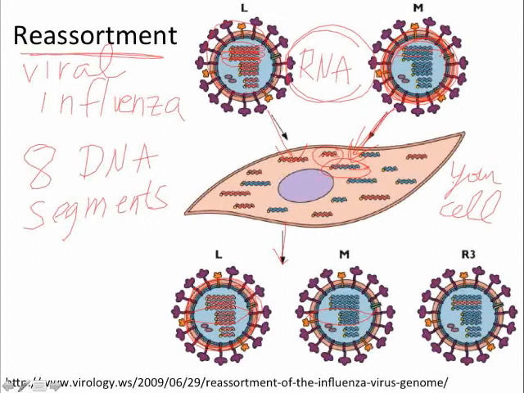So maybe you've got this L virus and you get the L virus out. You might have the M virus, you might get the M virus out, or you might get an intermixing between the two. And so most of the sequence is from the M virus, but you'll notice that there is one sequence from one of the DNA segments from the N, and so this is where you've got your reassortment.